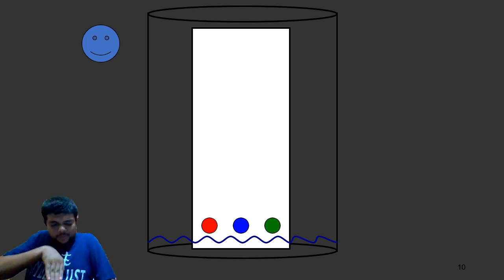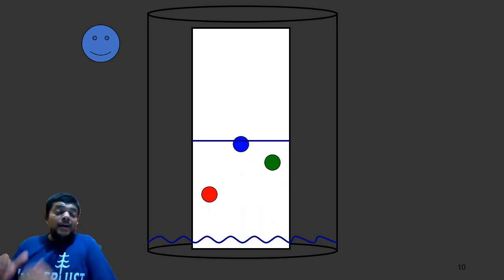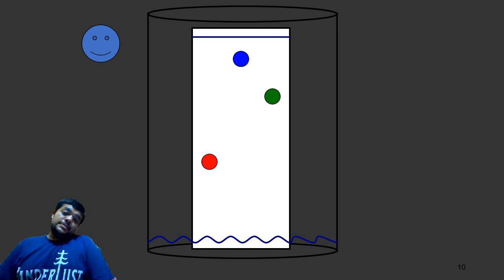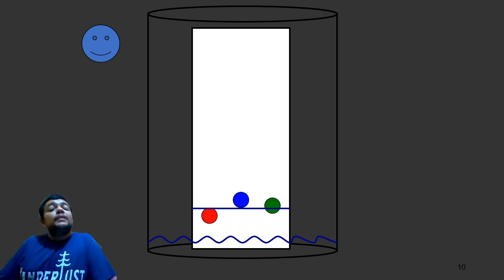And as and when you put it inside and take your hand out, you have to allow it to run. Whenever you allow it to run, you will see that the spots are moving at a different rate. Now, this is very important, that the spots are moving at a different rate.